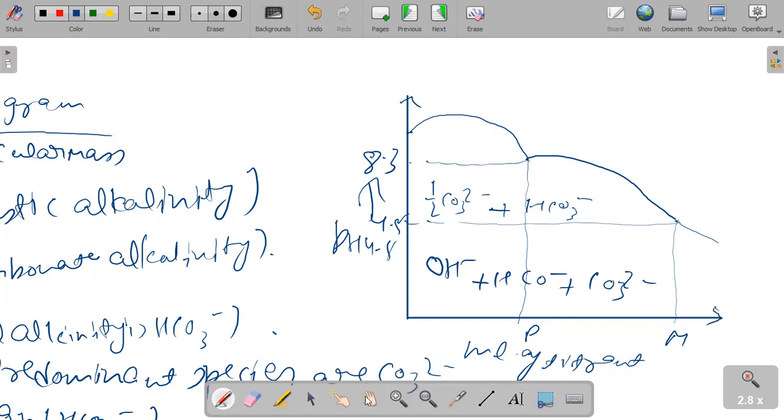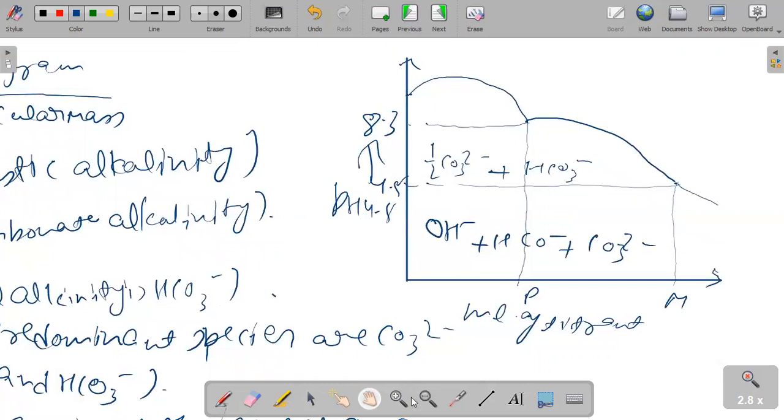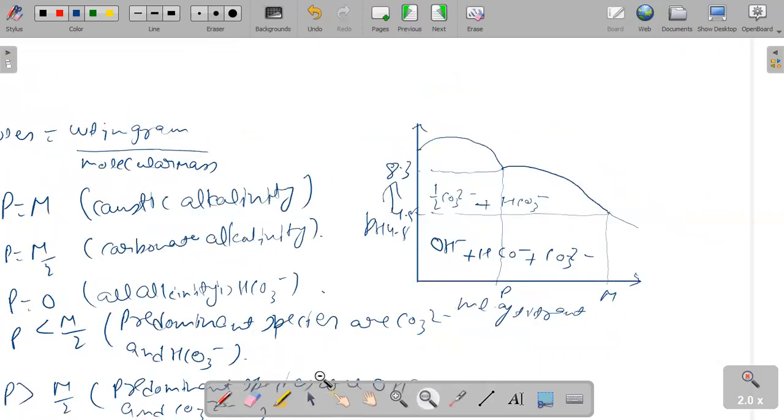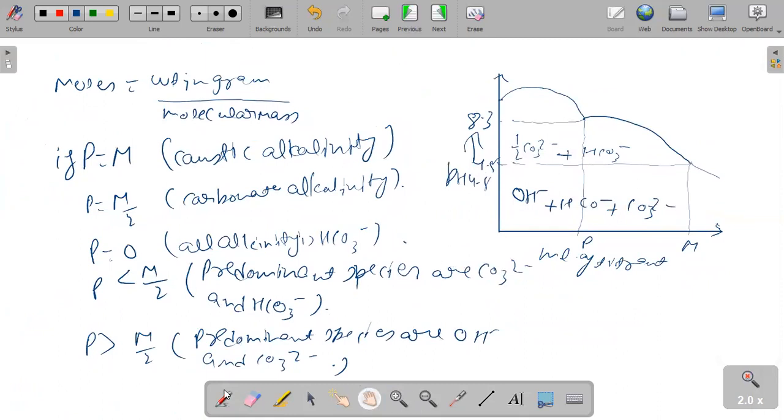Now you can easily relate this graph with the table. If P is equal to M, both are equal, then it is caustic alkalinity. If P is equal to M by 2, then this is carbonate alkalinity.